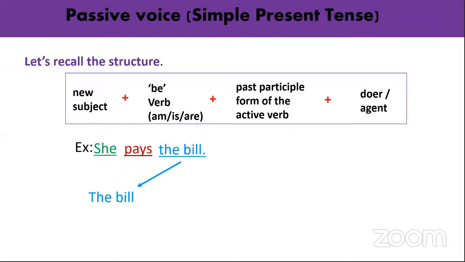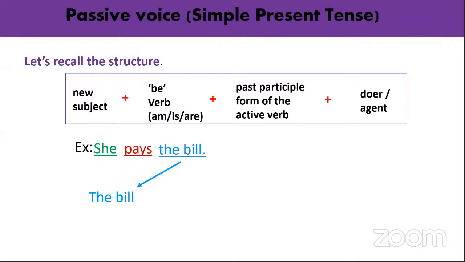Depending on the new subject, the bill, which is singular, what is the be verb you are going to use here? Is. The new subject is singular, so you have to use is there.